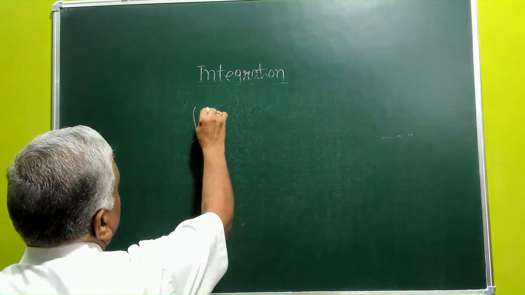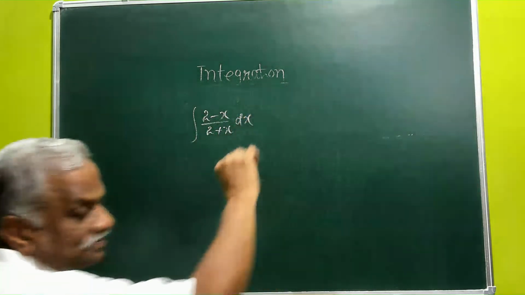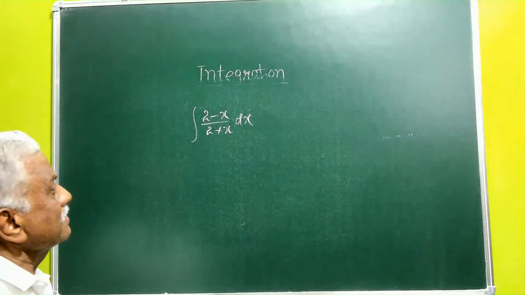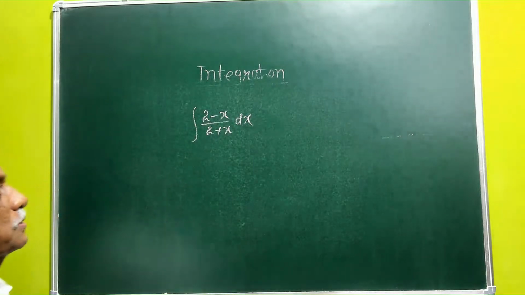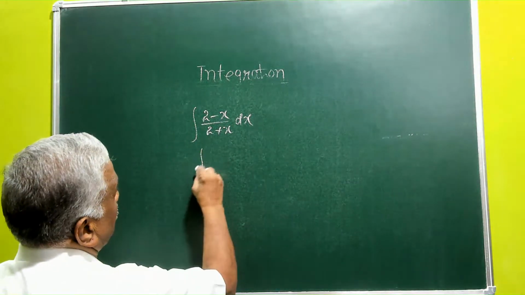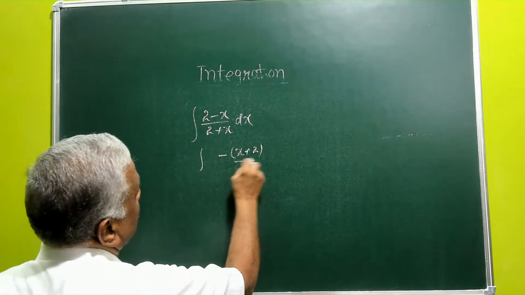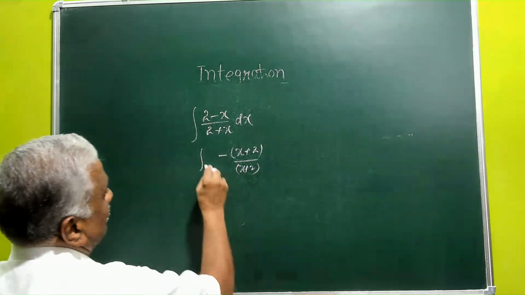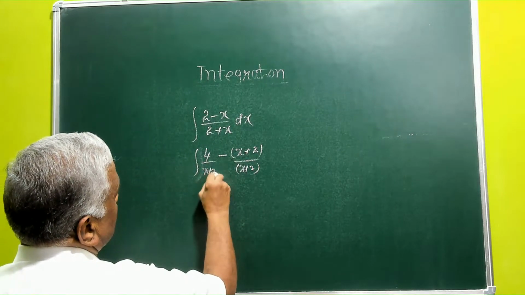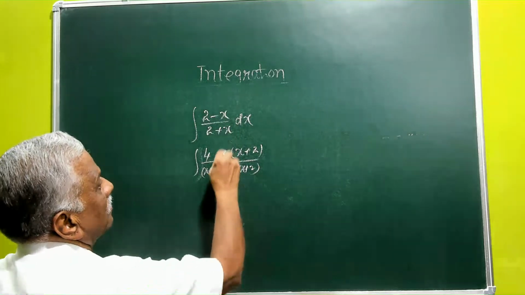2 minus x over 2 plus x dx. So what we should do is, the denominator has x plus 2, so the numerator can also have x plus 2. If I want x plus 2, I can write it as a minus of x plus 2, so that I can divide by x plus 2. So what should I write here? I should write 4. This adjustment you have to learn. If I simplify this, 4 minus 2 is 2, 2 minus x.